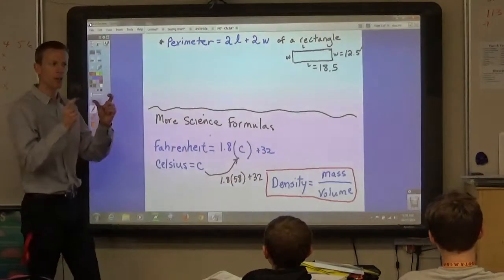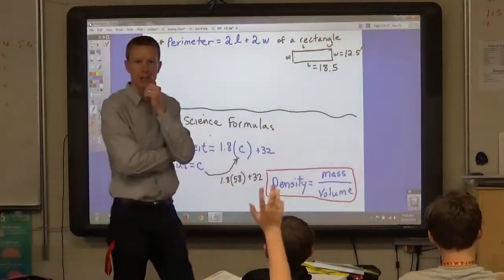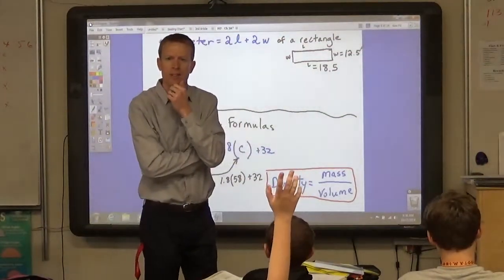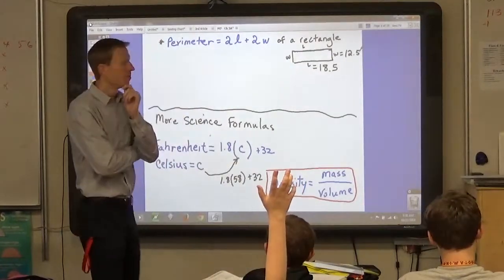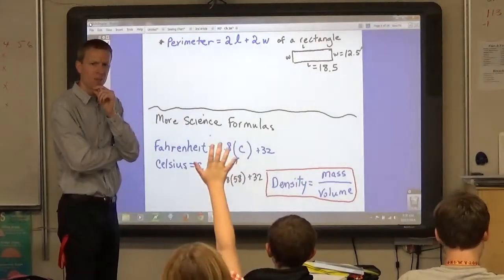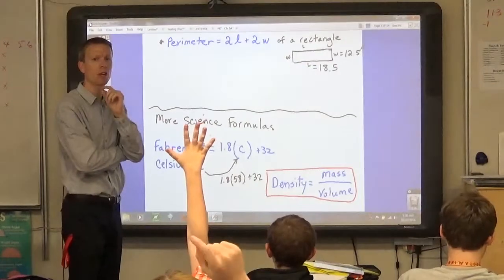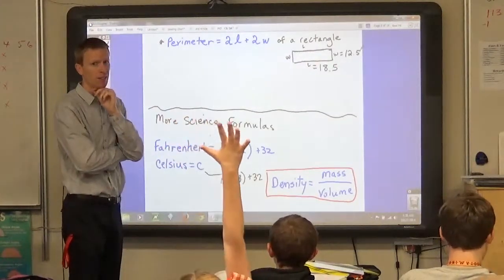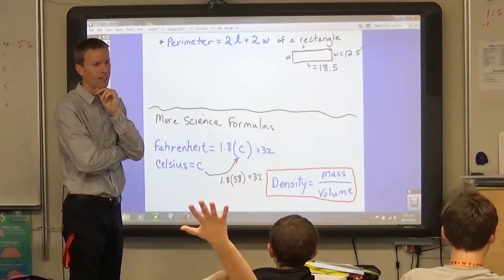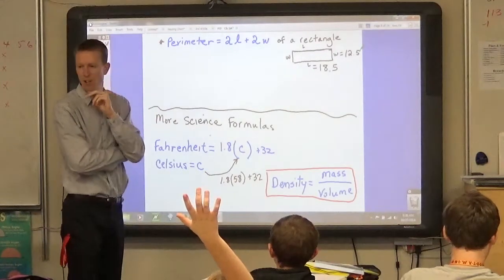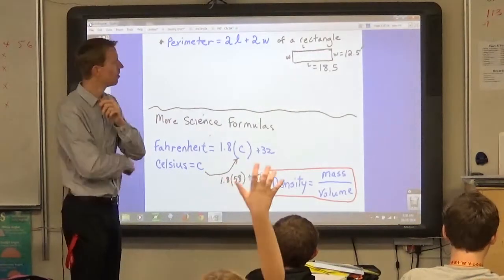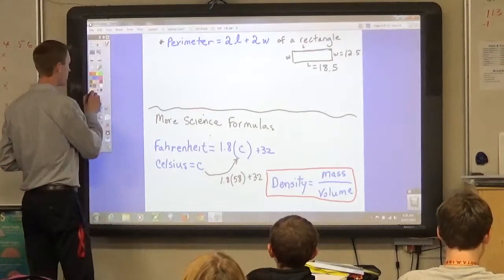What do we need to do with those numbers, John? We need to multiply them? To find the perimeter? No, we need to put them into the formula. How can we put these into the formula? Joey? We have to multiply the length by 2.